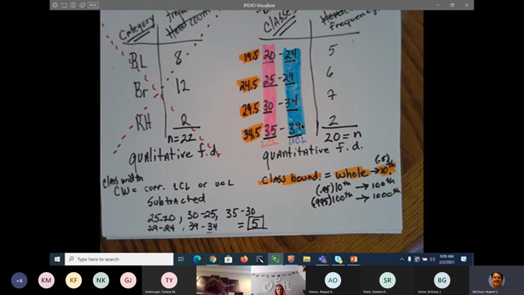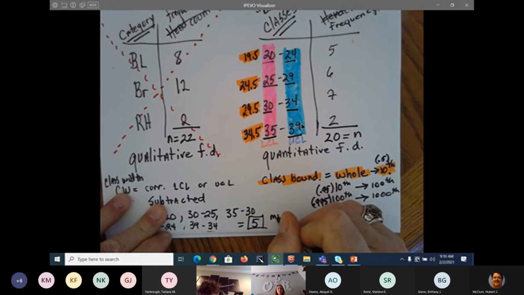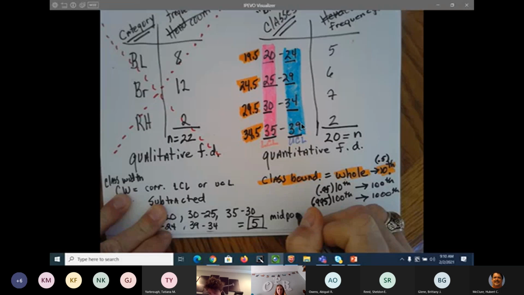And the last thing you can find without adding another column is the midpoints. And that is your lower class limit plus the upper class limit divided by 2.